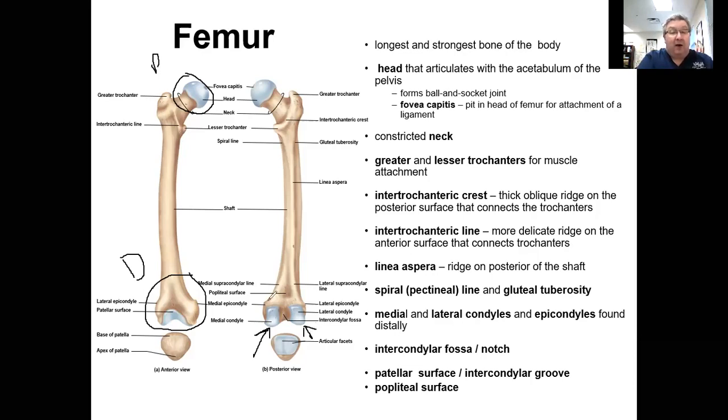and right above the femoral condyles are medial and lateral epicondyles. Again, above the condyles. All right.